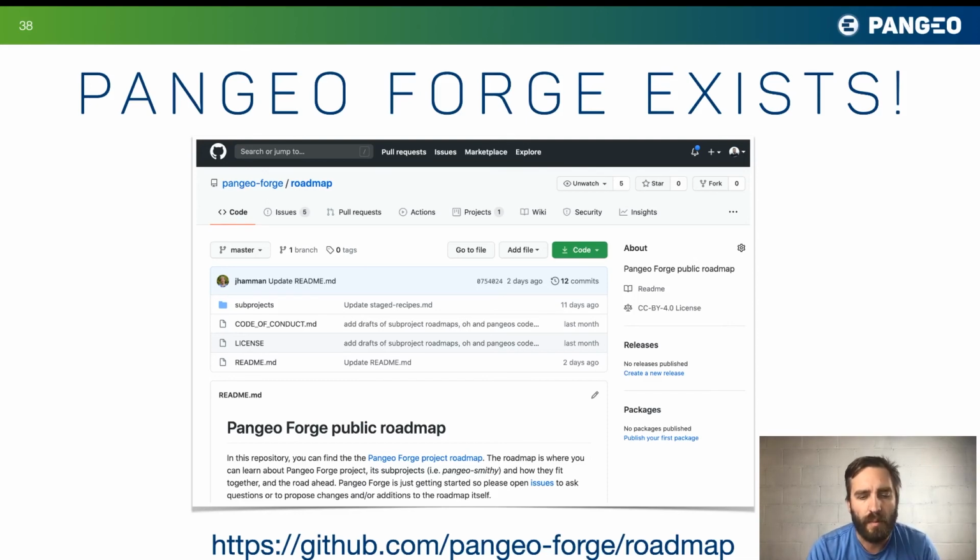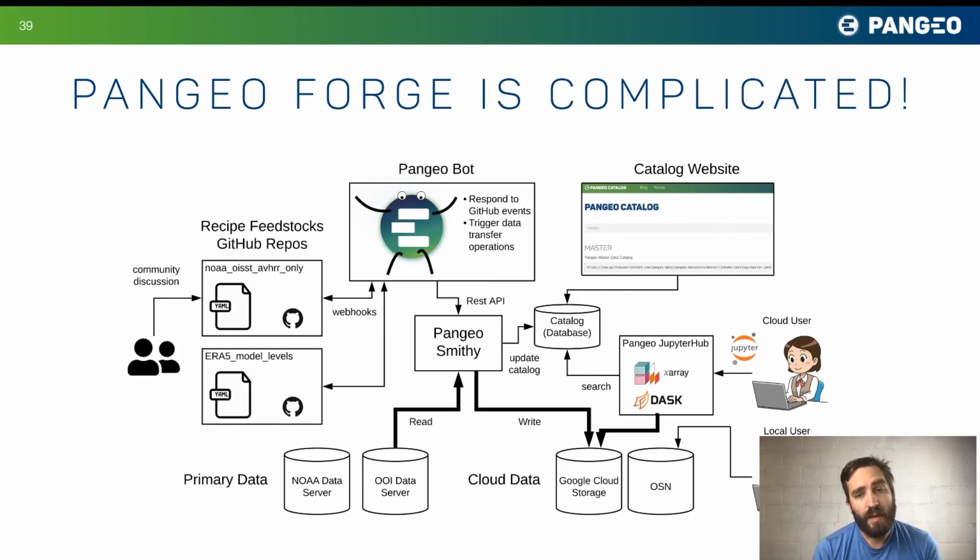I'll just tell you a little bit more about the details of Pangeo Forge. It's pretty complicated. Data is complex and there are a lot of edge cases. What I'm showing you here is a diagram that I'm not going to explain in detail, but I'll just say that the aim of Pangeo Forge is to fully automate the process of extracting data from its primary repository, transforming it into an analysis-ready format, and depositing it into cloud object storage.